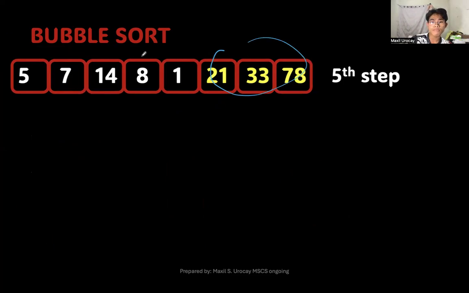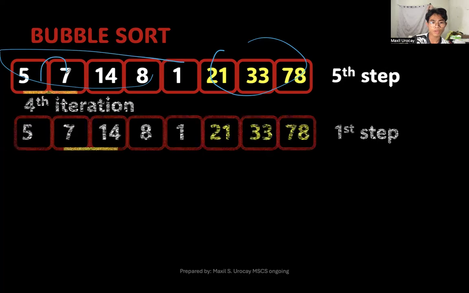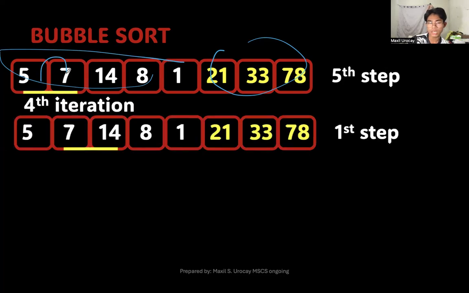So we have 5 elements there. 5 and 7, we will not swap them. That is the first step in our fourth iteration. In the second step, 7 and 14, there's no need to swap.